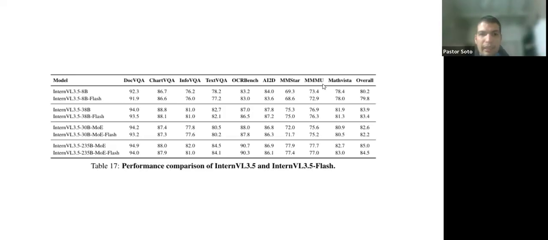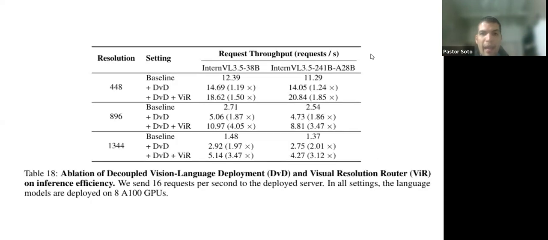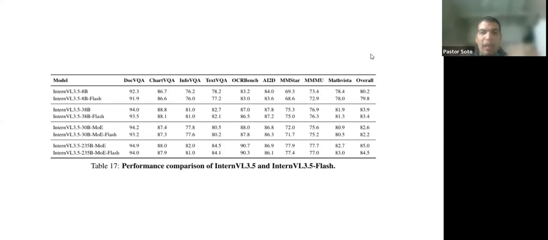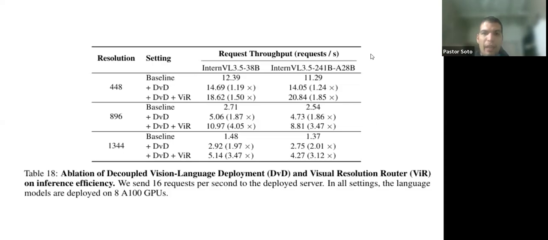So as you can see, it's not better in terms of performance, but it's not a lot worse either, and it is able to have a good performance without many costs, and it speeds up the process a lot.